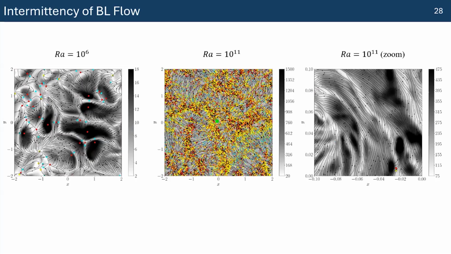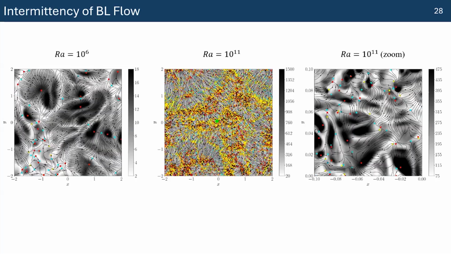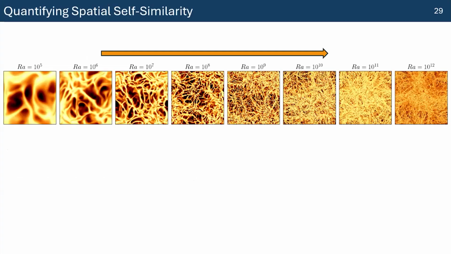Sometimes you don't see any critical points, and sometimes they are very similar. So it's for a specific snapshot that we had seen that self-similarity. But if we now try to quantify this self-similarity, we first look at all the temperature contours for all Rayleigh numbers ranging from 10 power 5 to 10 power 6.